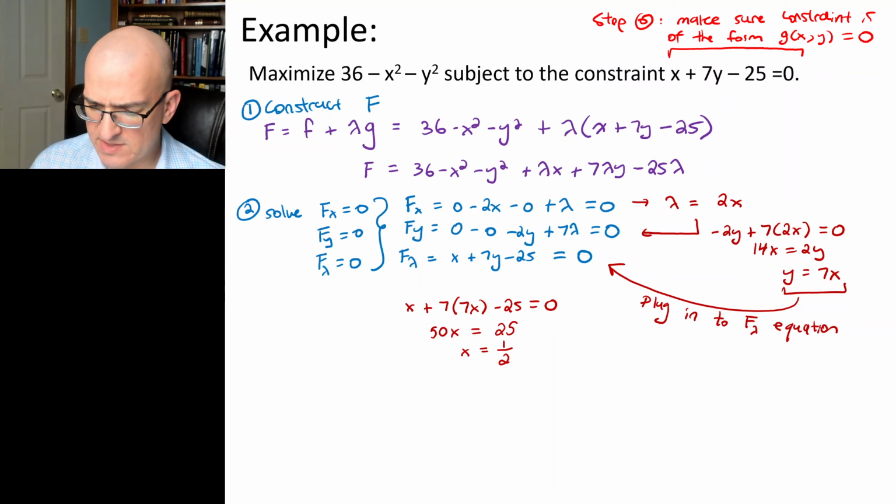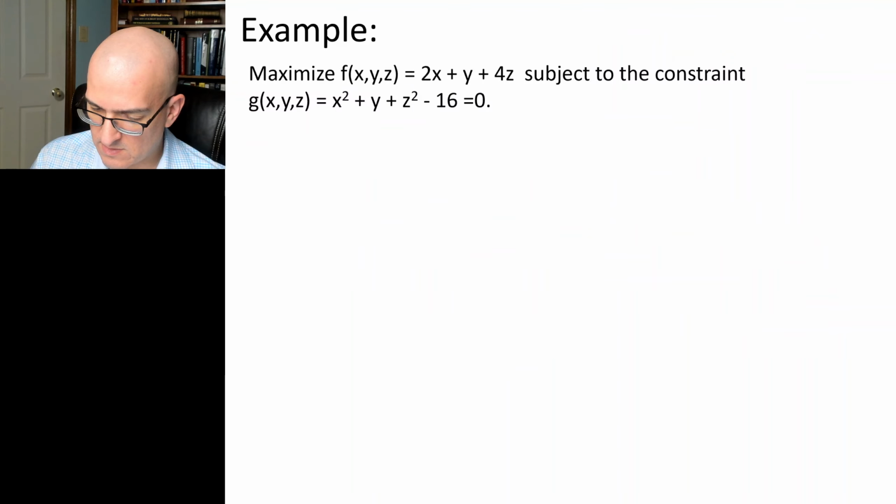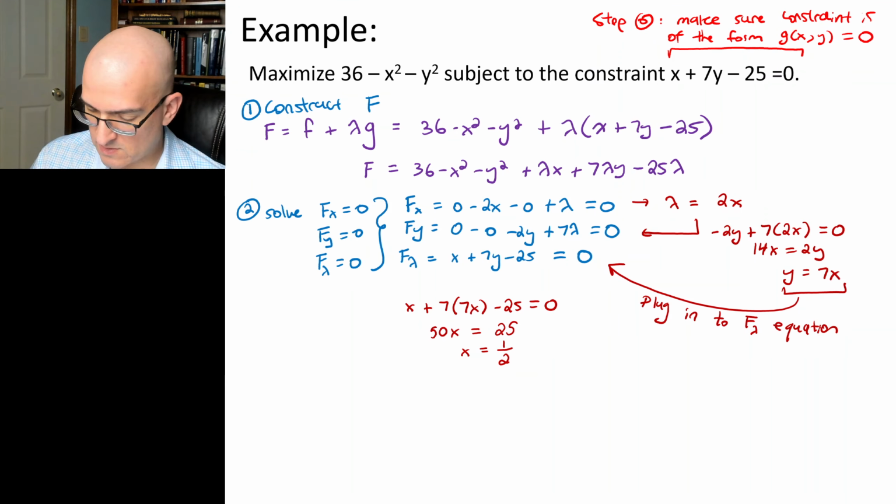Maybe not what you wanted to see, but them's the breaks. x is equal to 1/2. Now we're going to get the y value. y is equal to 7x, which is 7 times 1/2, which you can rewrite as 7 divided by 2.